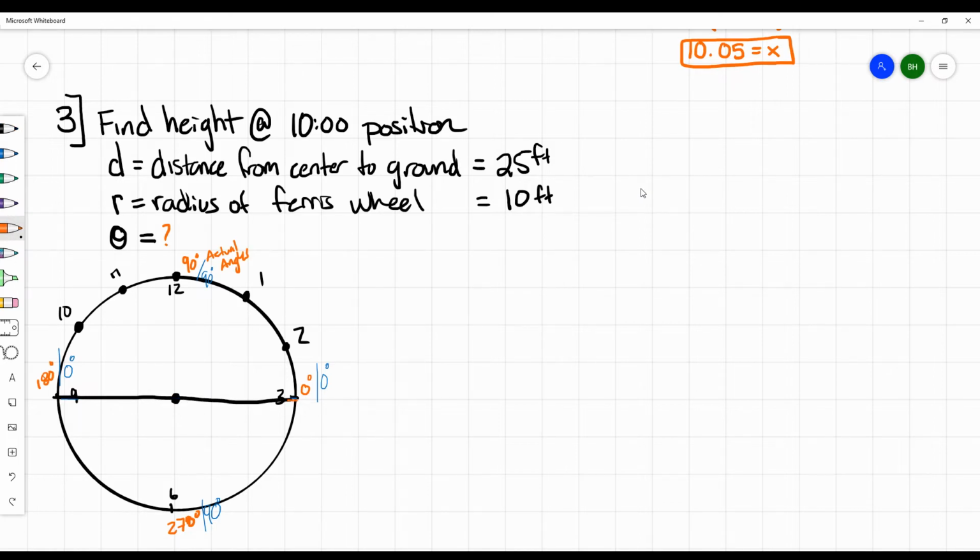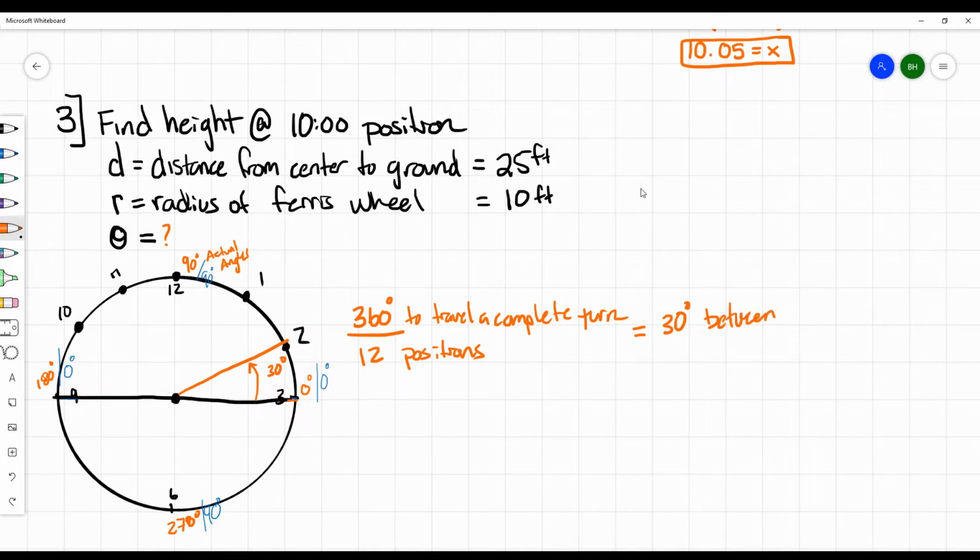So 3 o'clock, we said that because the Ferris wheel is a circle and has 360 degrees to travel a complete turn, if we divide that by the 12 different positions, then that means each position to travel from, for example, the 3 o'clock position to the 2 o'clock position would be a value of 30 degrees between positions.